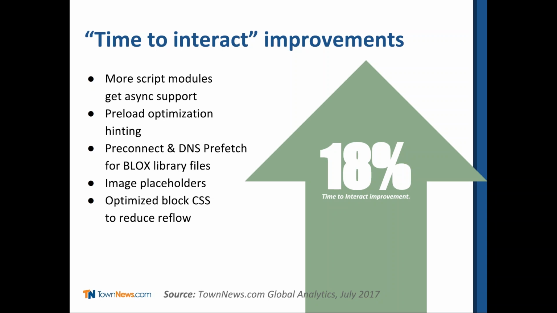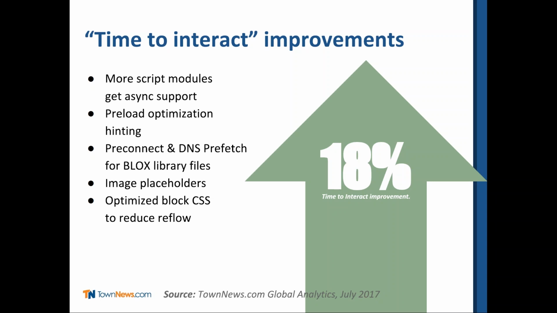Doing a lot of surveys and work with users, Google has determined that this is probably the most important metric, not page speed, but rather how long it takes before the user is able to interact with the page. Essentially, as far as the user is concerned, that's how long it takes for the page to download. So you want to get this time to interact as small as possible so that the user can start interacting with the page as quickly as possible so they don't get distracted and leave the page.